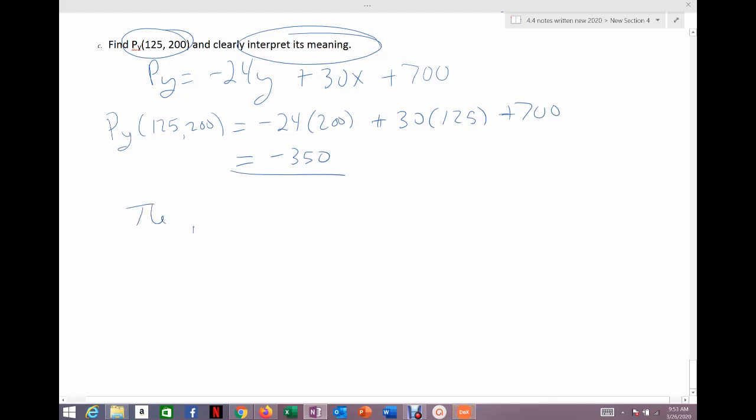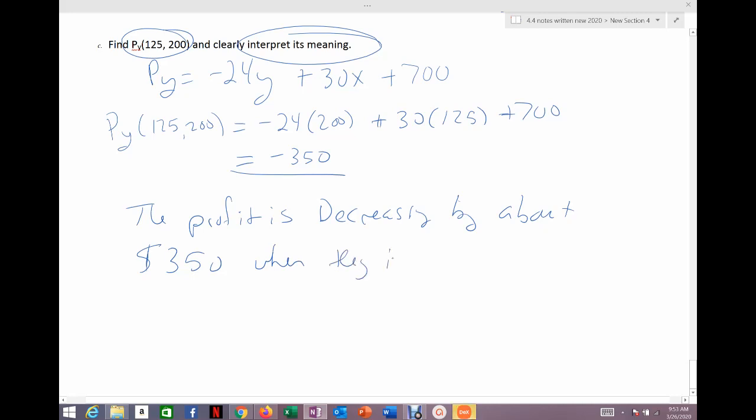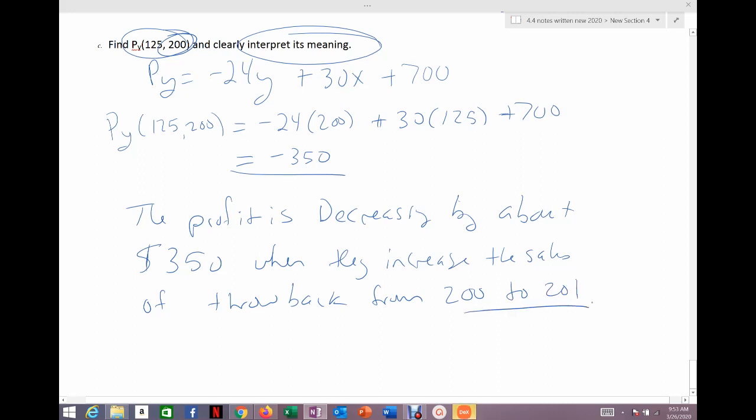So the profit is decreasing, because it's negative, by about 350 when they increase the sales of the throwback, because it's the y value, from, the y value is currently at 200, so from 200 to 201, that 1 unit increase, and that, again, it's specific because I use that value.